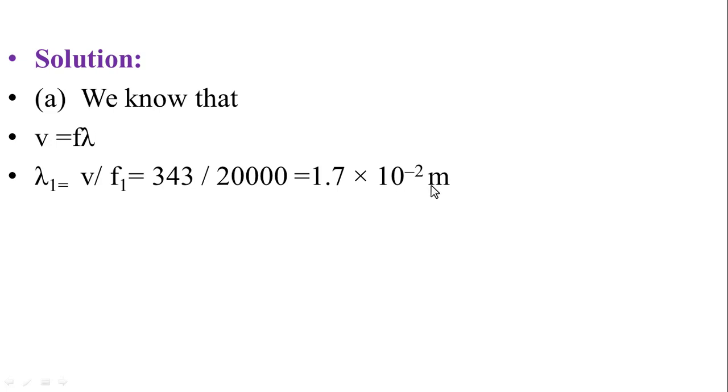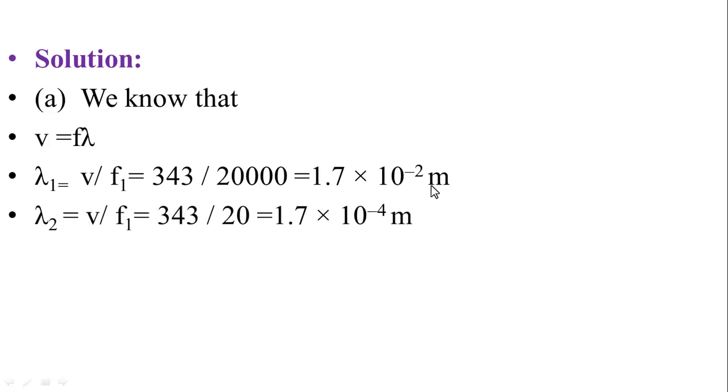So the wavelength lambda 1 at the highest frequency is 1.7 multiplied by 10 raised to power minus 2 meter. Similarly, we can find lambda 2 is equal to V upon F2. Then we have 343 divided by 20.